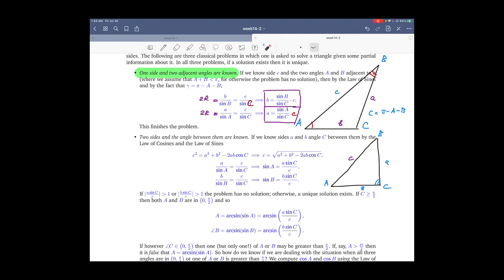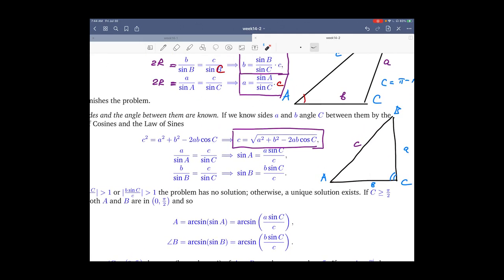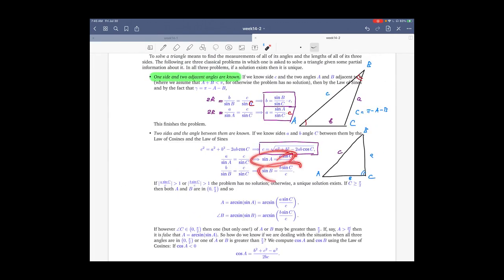By the law of cosines, that side is the root of the sum of the squares of the known sides minus twice the product of these sides times the cosine of the known angle C. And once we know C, we can again use the law of sines to write that A over sine A equals C over sine C, and the same for B. That gives us sine A and sine B. So we know sine A and sine B.